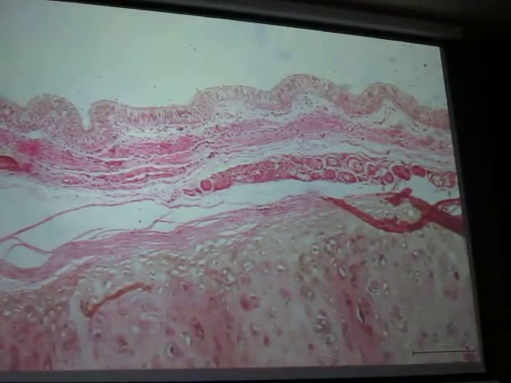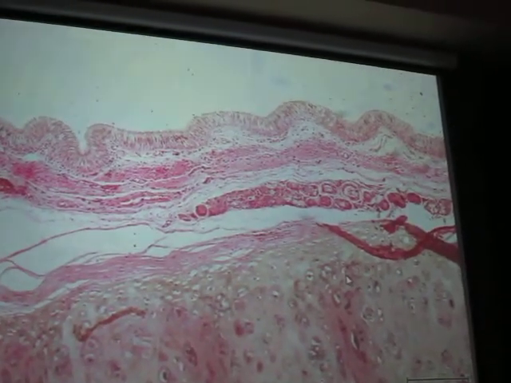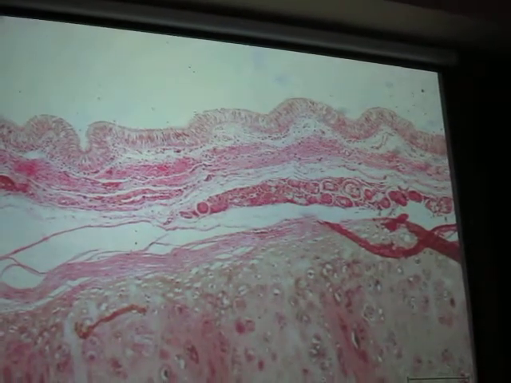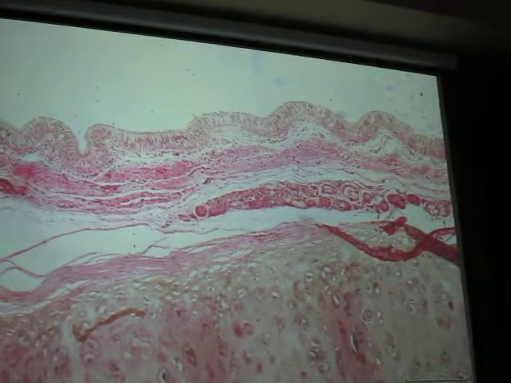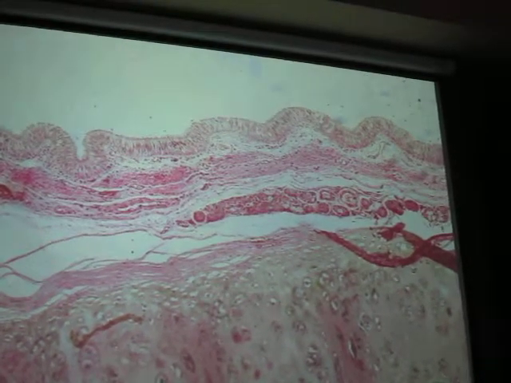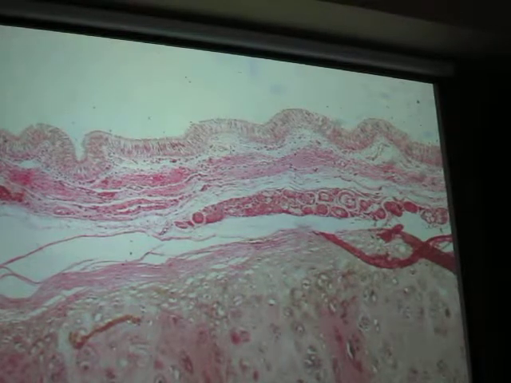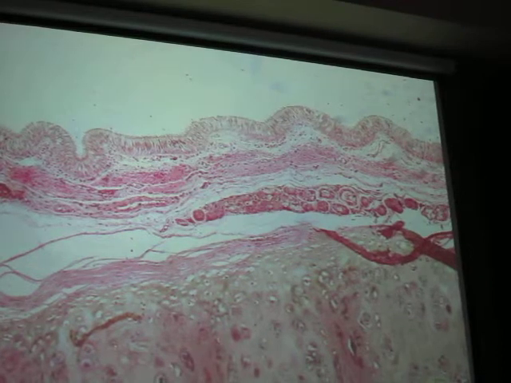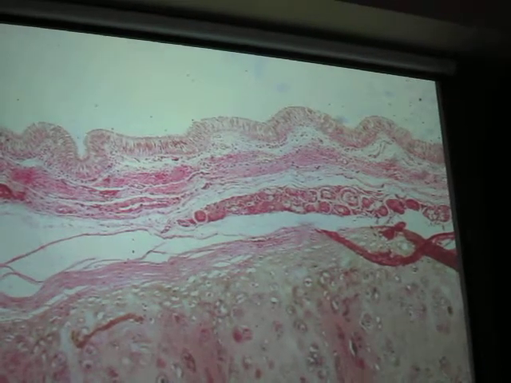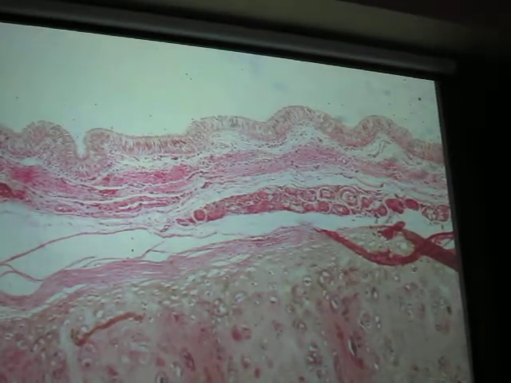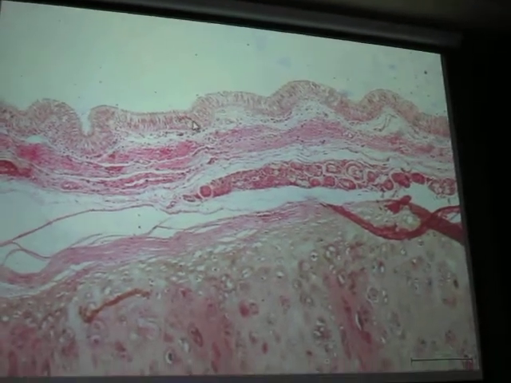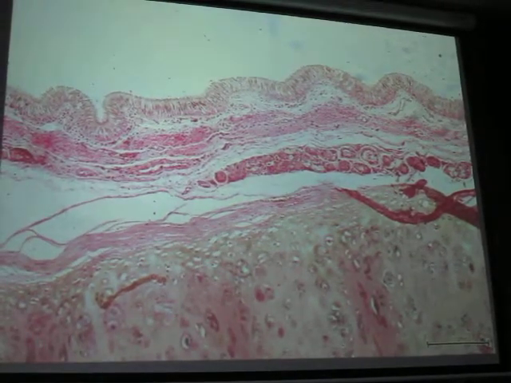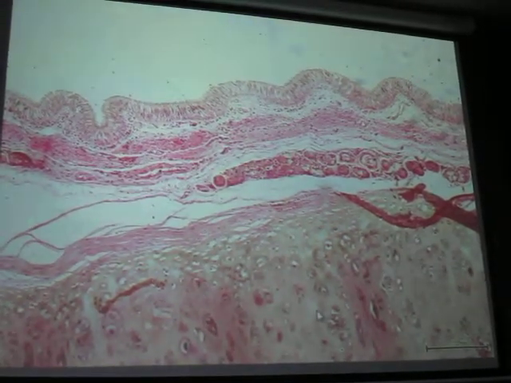High power. If you notice during the practical exam, if we ask you to identify the organ, it's always on scanner magnification, and you can move the slide if the question is identify organ. So again, pseudostratified columnar ciliated with goblet, submucosal glands and hyaline cartilage for the trachea.